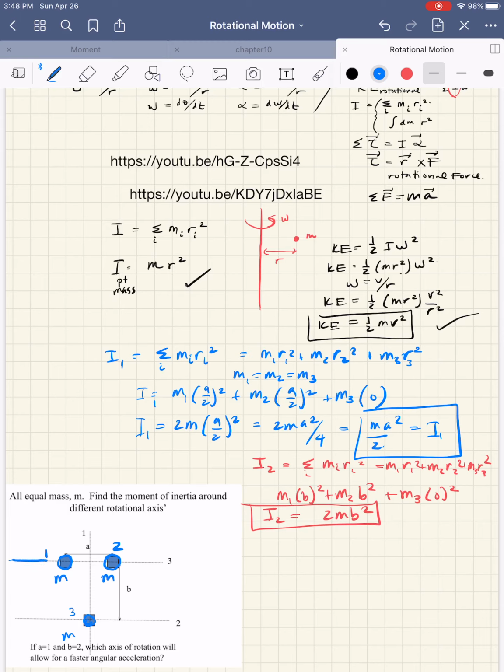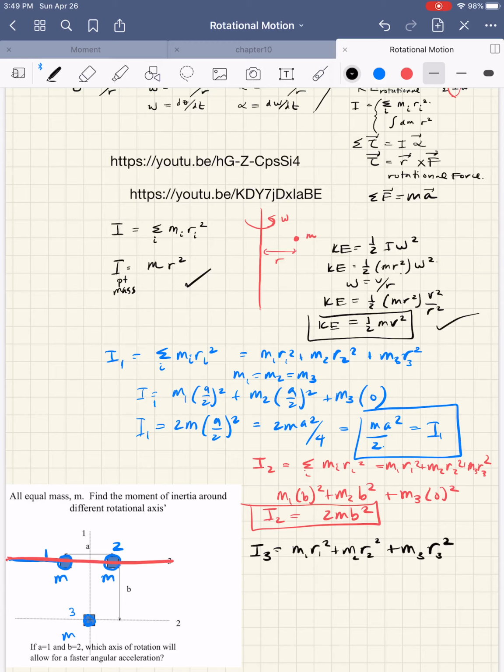Say the axis of rotation is now here, and that would be our third axis of rotation, so it's called I sub 3. It's going to be the sum over all the point masses and their distances away from the axis of rotation.